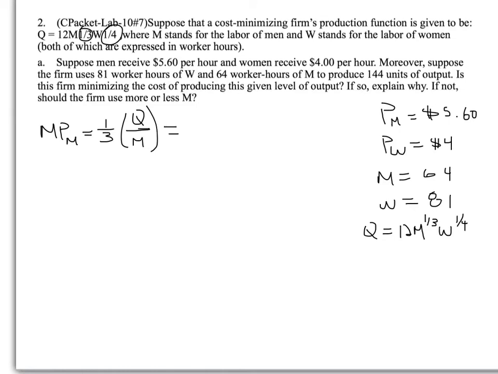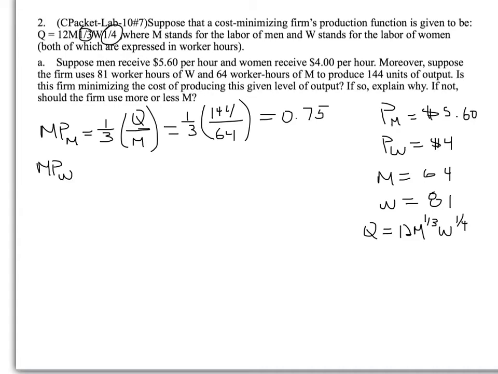So that's going to be equal to 1/3, which is the exponent of men, times the output the firm is currently producing, which is 144 units, over the quantity of men the firm is using, which is 64. Doing this operation, we get a marginal productivity of men of 0.75. So that means that when the firm uses 64 men to produce 144 units of output, the marginal product of men is 0.75.